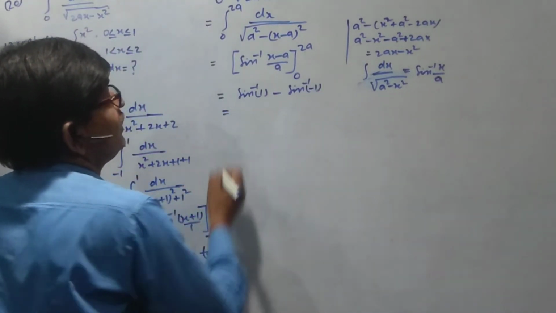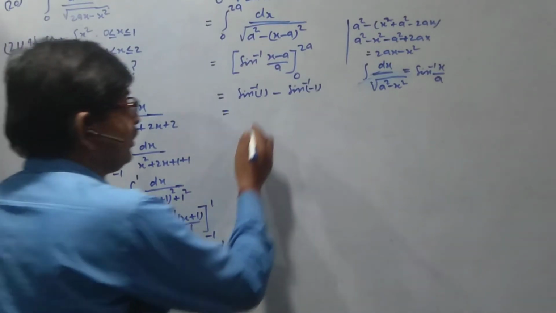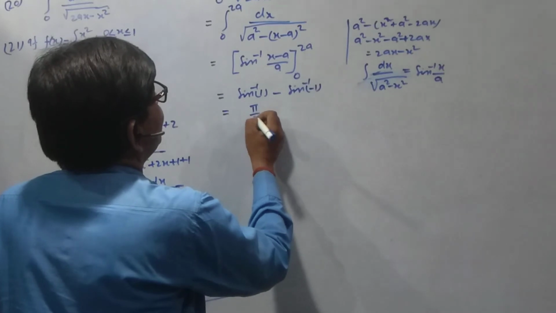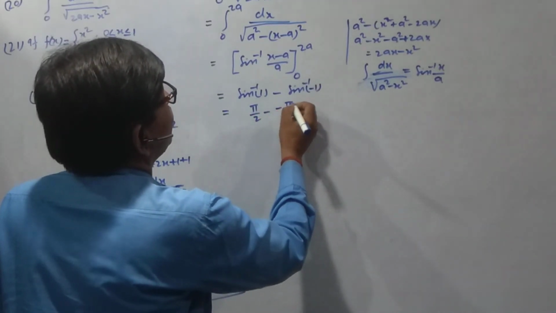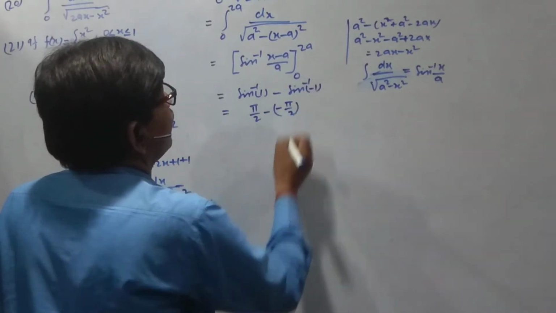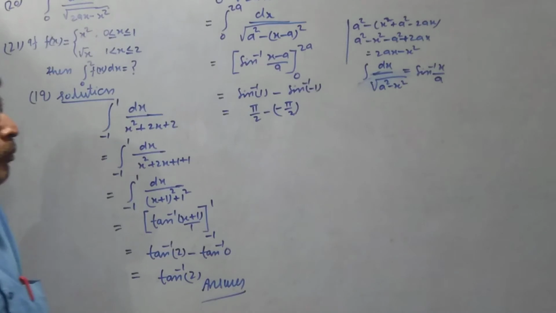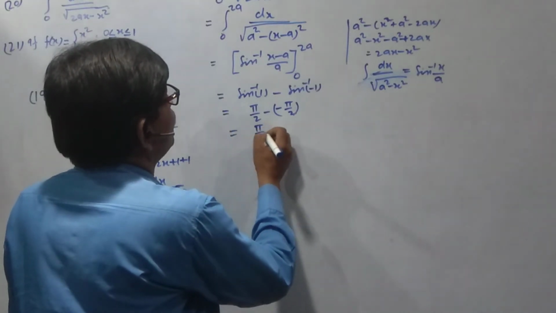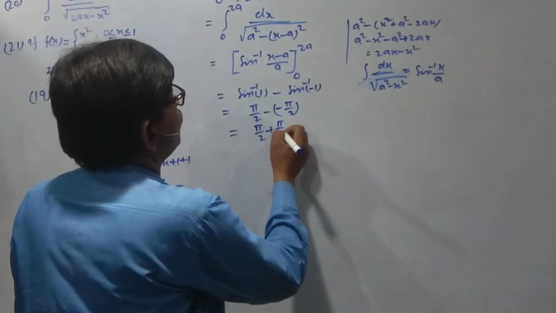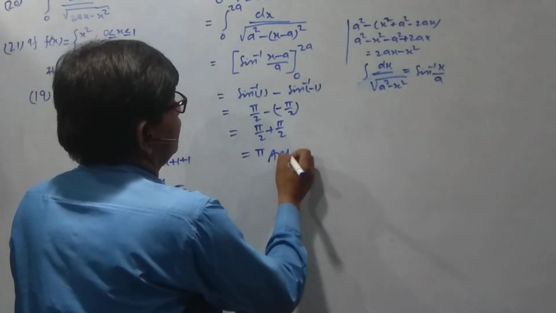Since sin 90 degrees is equal to 1, this is pi by 2 minus, and this is minus pi by 2. So this will be pi by 2 plus pi by 2, which is equal to pi. Answer this.